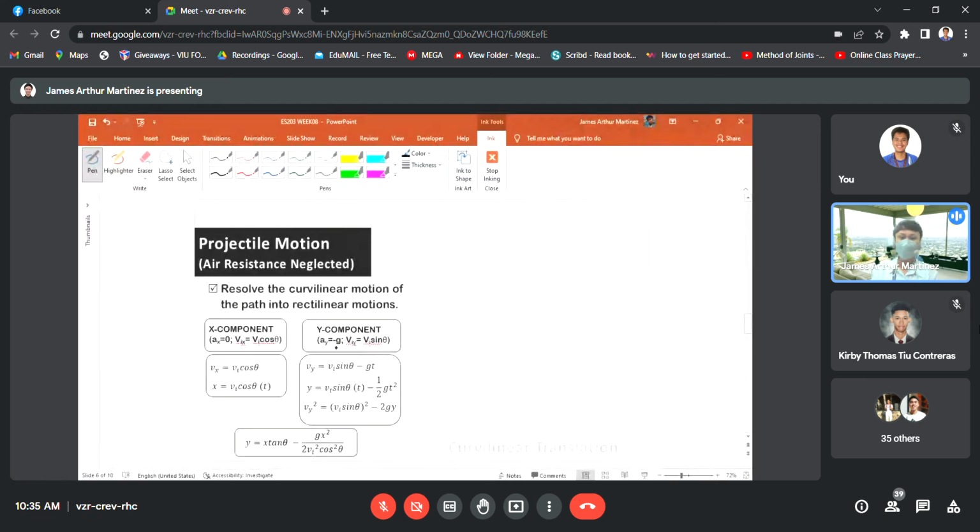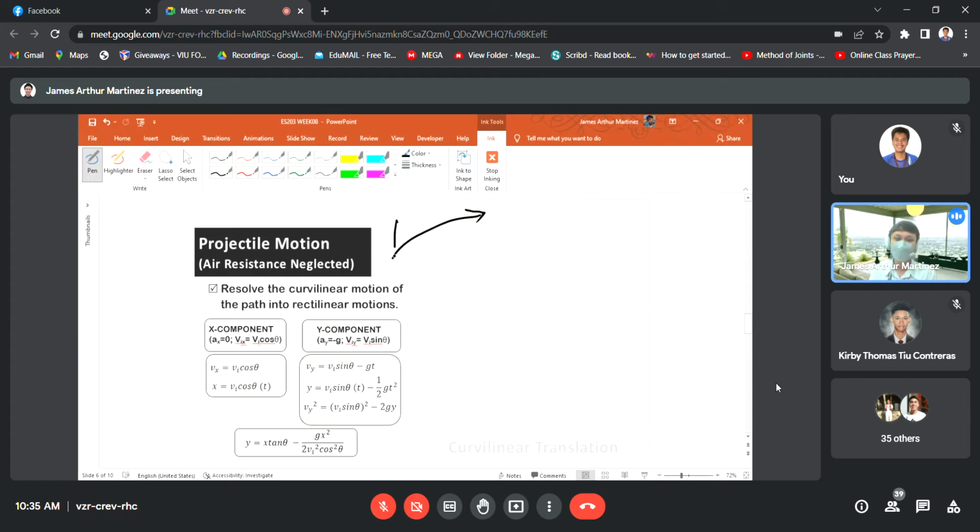Now, for the y component, the acceleration on the y component of your projectile motion is equal to negative gravity. From the discussion on free falling bodies, when the direction of your velocity is opposite to the direction of gravity, you have a negative sign convention.